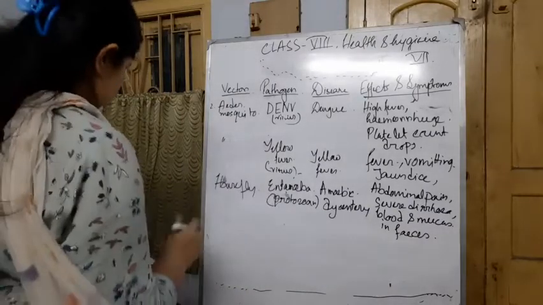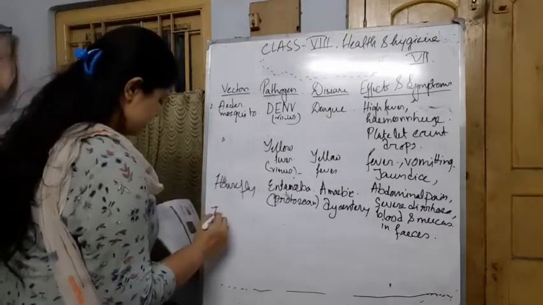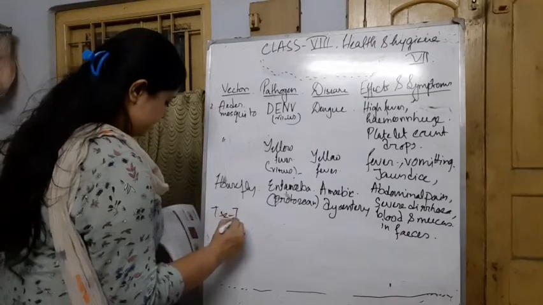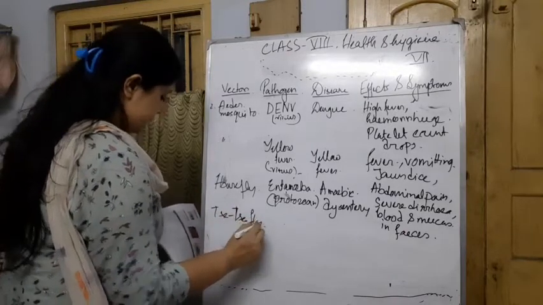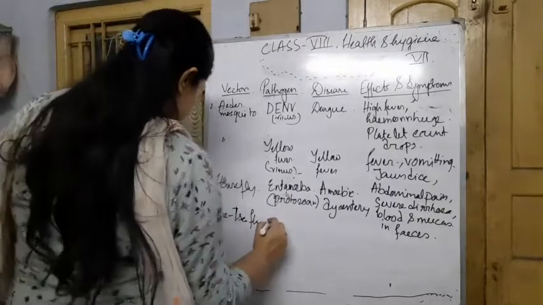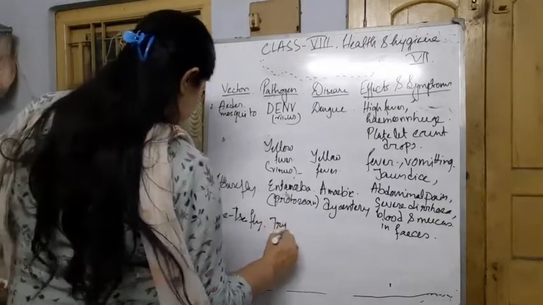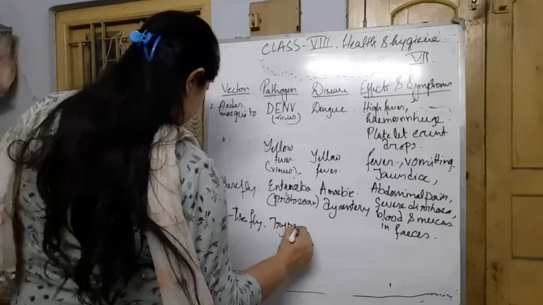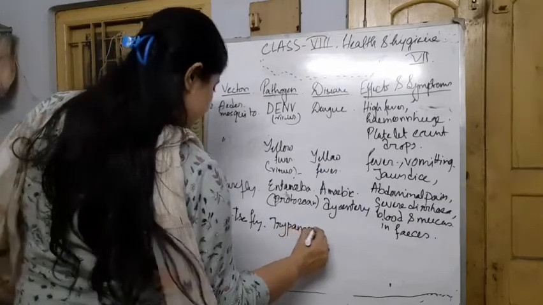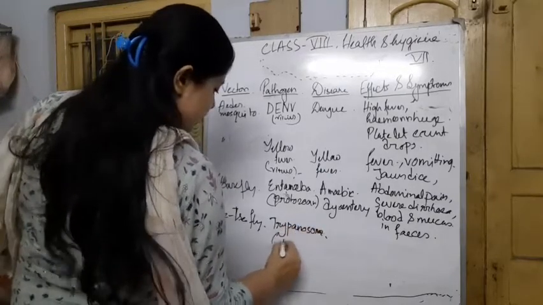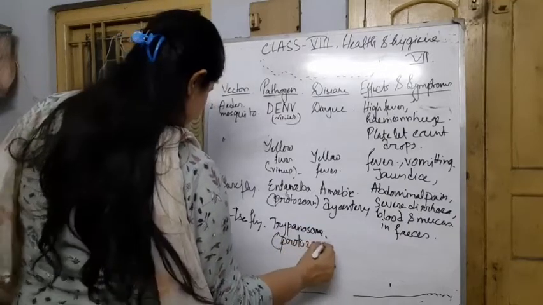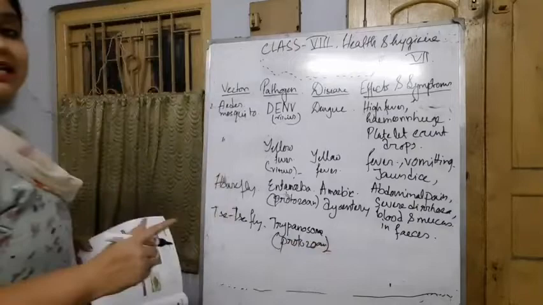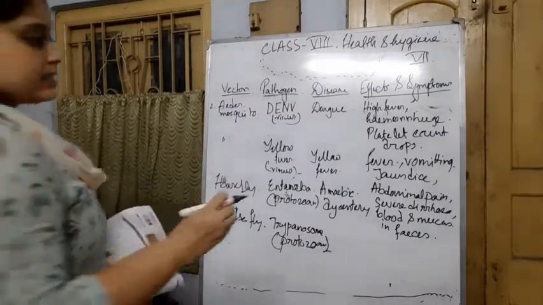The next is the tsetse fly, and the pathogen name is Trypanosoma, which is also a protozoa. Okay, and the disease is called sleeping sickness.